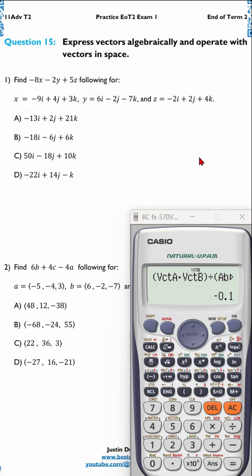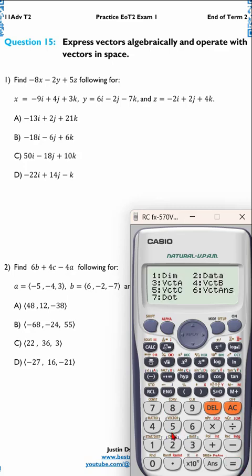And the last question in the MCQ part is to just write the following. You know the x value, y value, and z value are given. You can write it as vectors by mode 8. The first vector is a three-dimensional vector. Let me type the values in. Minus 9, 4, and 3.